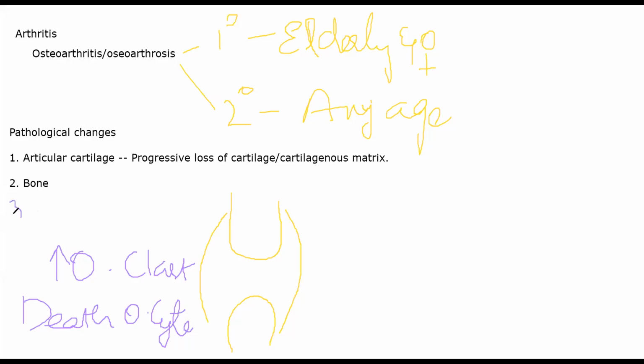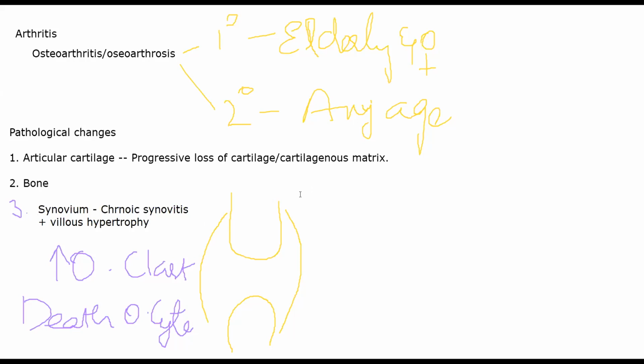So that is the third change that will occur in the synovium. So you have chronic synovitis plus villus hypertrophy. Those are the changes that occur in osteoarthritis.